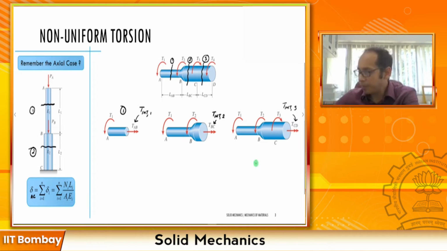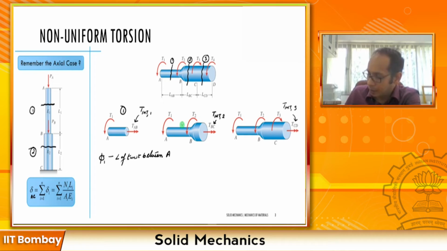Now going back to the similar analogy, for section 1, between A and B, what is going to be the angle of twist phi 1? It is simply the same torsion formula, TL divided by JG.